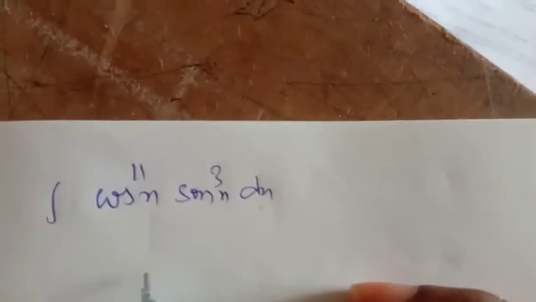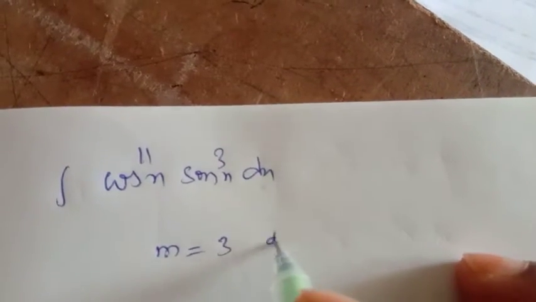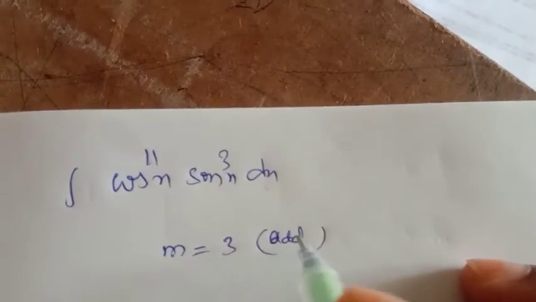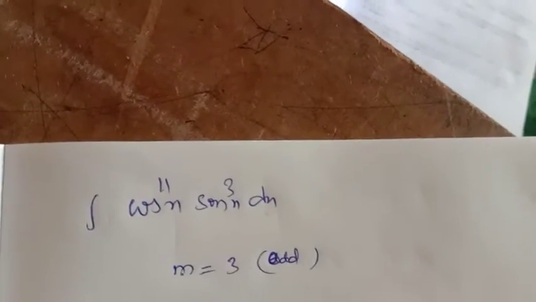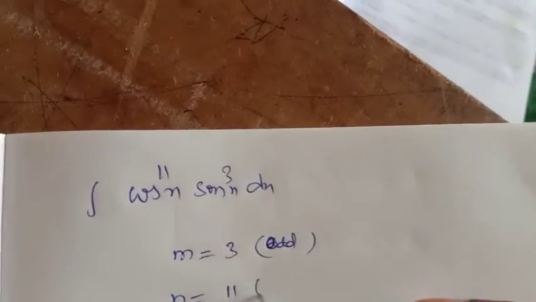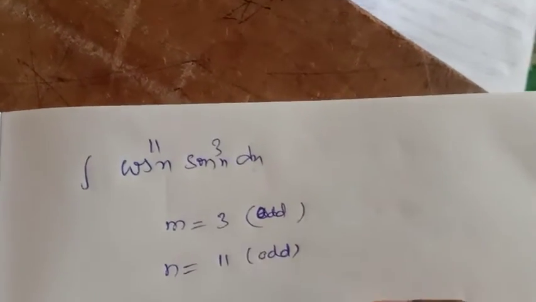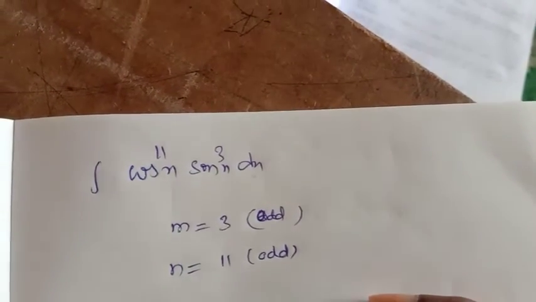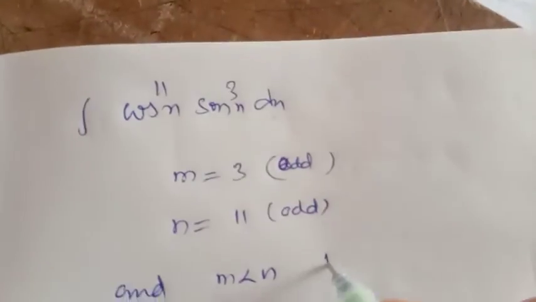Here we observe that the power of sin x is 3, an odd number, and the power of cos x, 11, is also an odd number. And observe the second condition, m less than n.